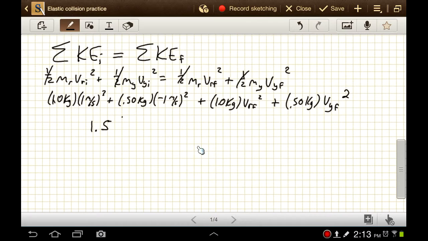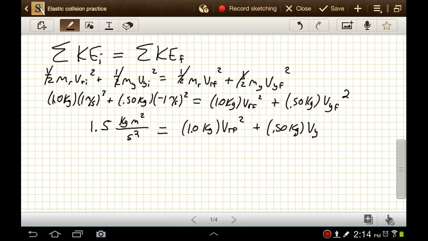I'm going to do some unit canceling in just a minute anyway, so I'll write it out as kilogram meters squared per second squared. And then that's equal to, I made a mistake in how I wrote that. That should be an equal sign, not a plus sign. Equal to 1.0 kilograms times V red final squared plus 0.50 kilograms times V yellow final squared.